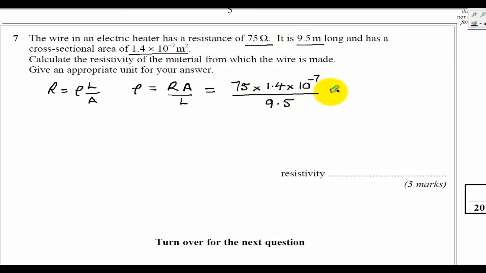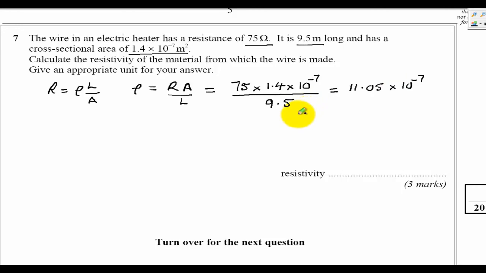Okay, I now need to use my calculator to work out the value, and 75 times 1.4 divided by 9.5 comes to 11.05, and that's multiplied by 10 to the minus 7.